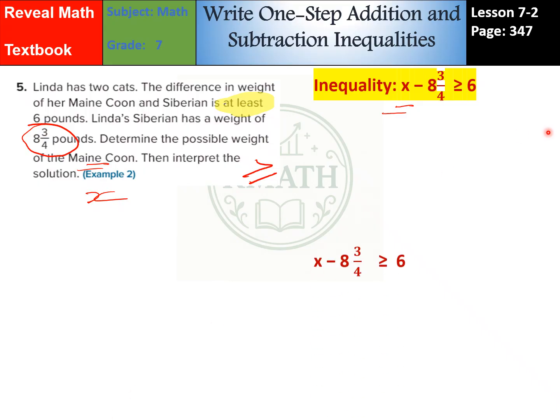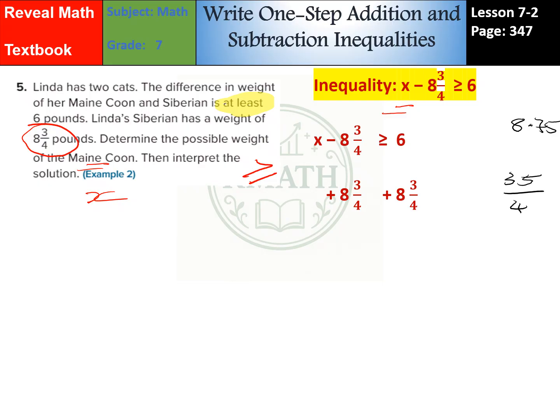Now what is the next step? We will find the value of x. This is negative 8 3 by 4, so add 8 3 by 4 on both sides. This will cancel this. There are different ways to solve it. You can convert the second one into a decimal, 8.75, or into an improper fraction, 8 times 4 is 32 plus 3, 35 over 4.